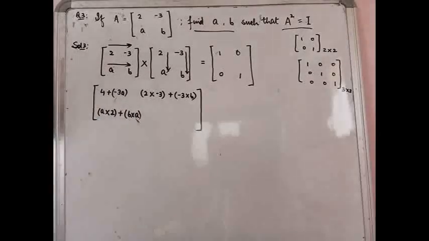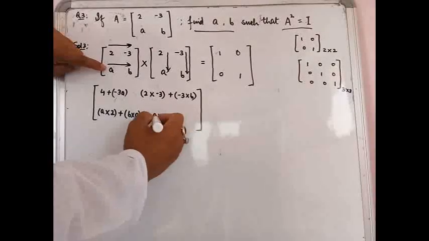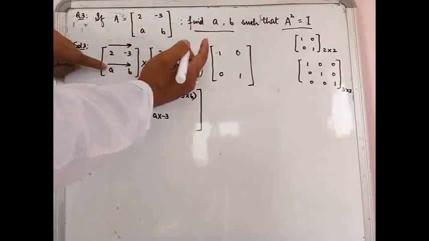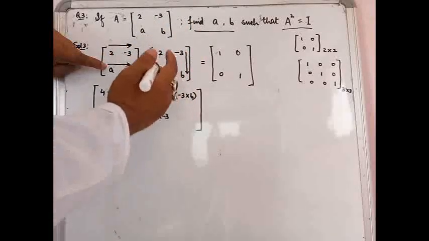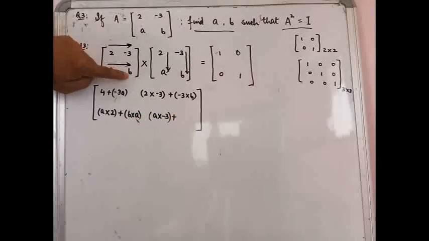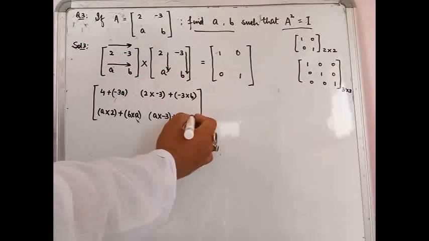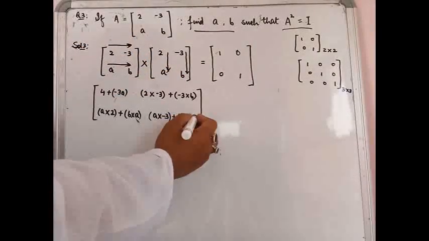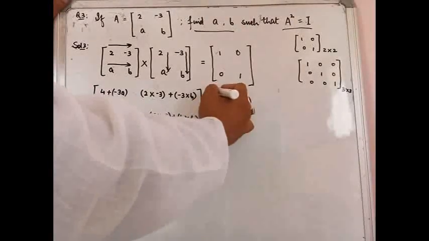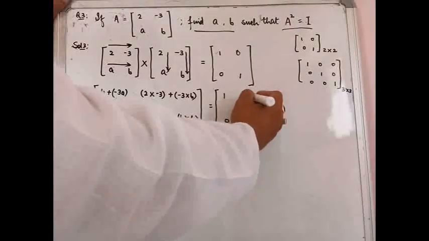Now next, this a multiplied by this minus 3. If you notice, we have moved to the second column because we are doing the second column now. So a into minus 3, plus what is the next entry here? b. What is the next entry here? That is also b. So this is what we effectively get on the left hand side, and the right hand side obviously will remain 1 0 0 1.